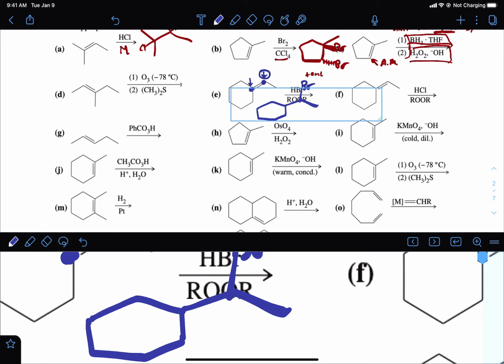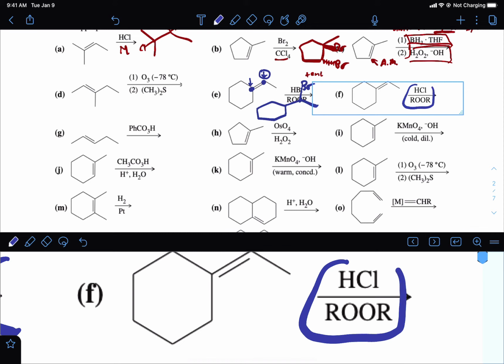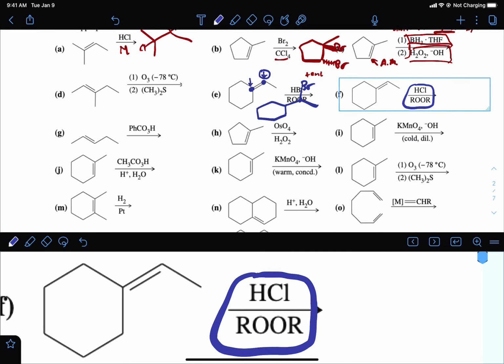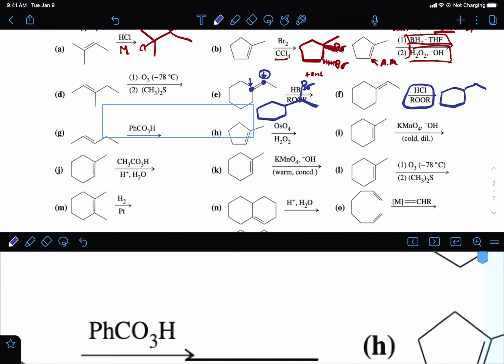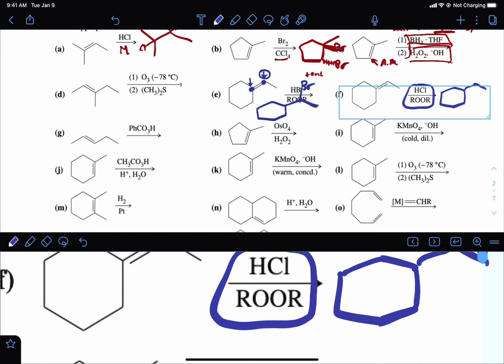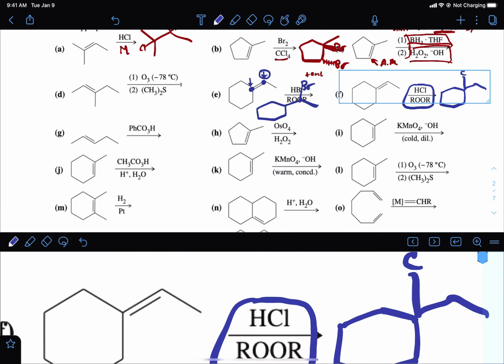Now here's a mean little trick. It doesn't work with HCl. You don't get the anti-Markovnikov pattern with HCl. You still get Markovnikov. Okay.